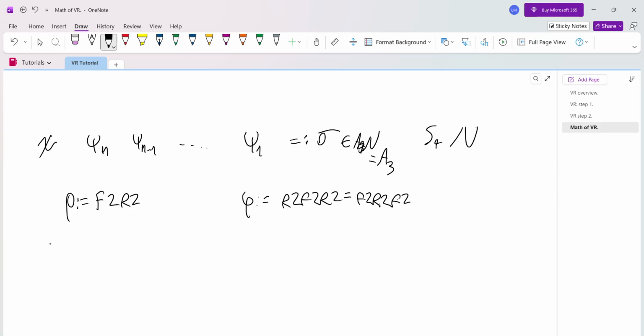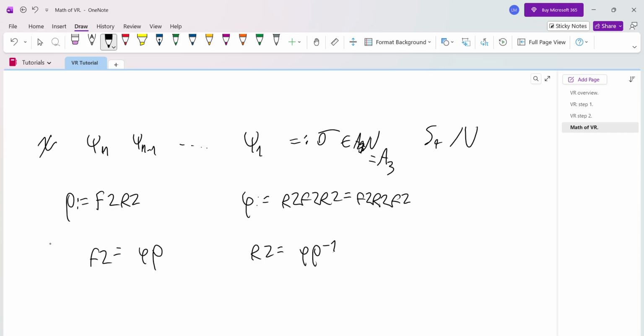Now, one thing you can notice is that F2 is equal to phi rho, and R2 is the same thing as phi rho inverse.